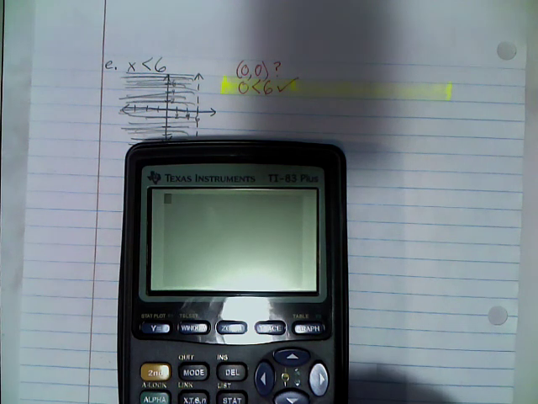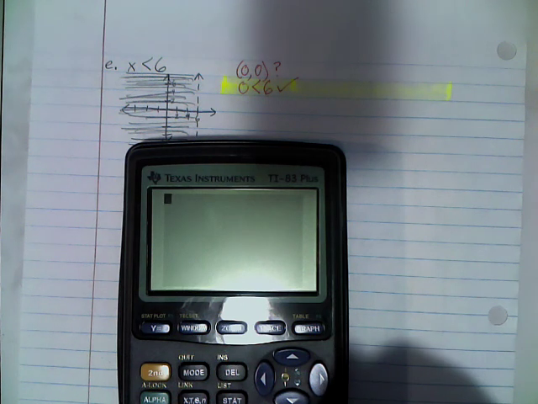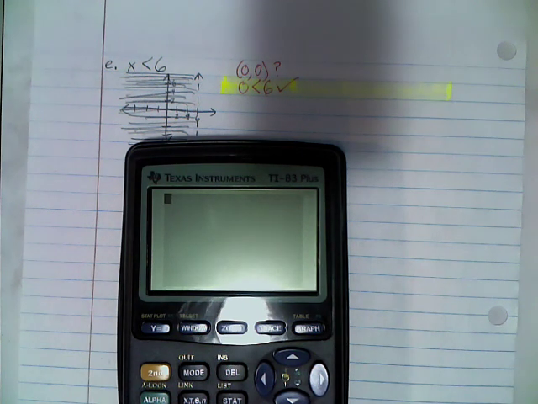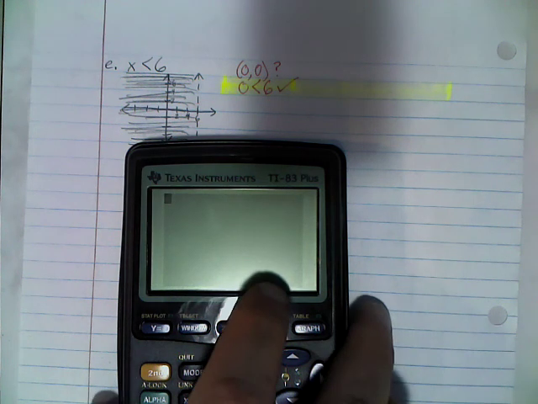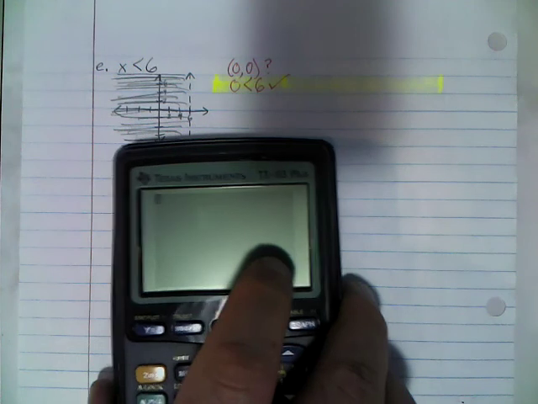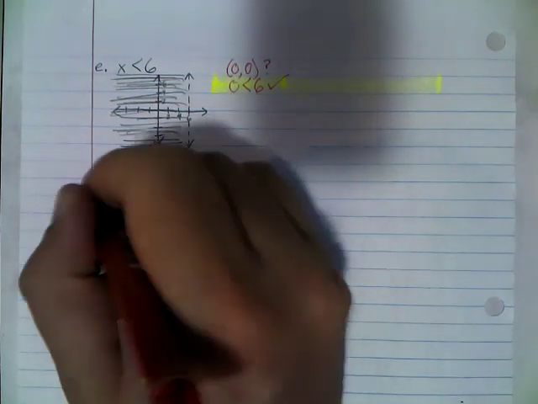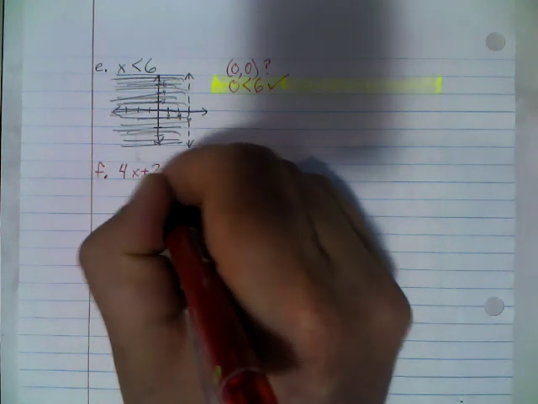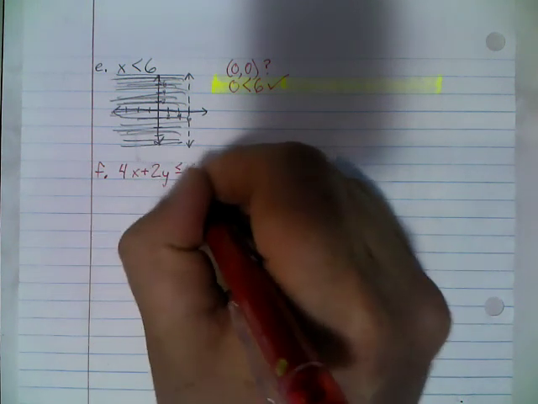So the first thing that we're going to do is graph it as if it was an equation. So when it comes to F, we need to do a little bit of thinking here. So if we were to solve that for y, I guess we will do a little bit on the paper here. For F, we'd have to think, okay, I got 4x plus 2y is less than or equal to 6.